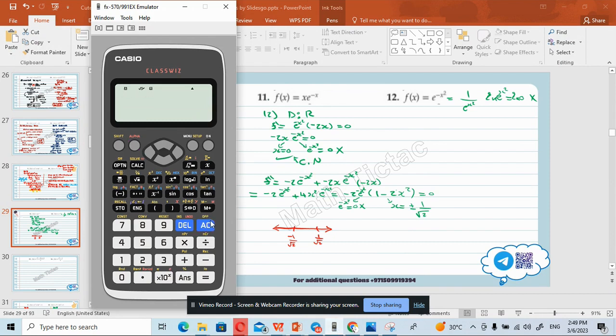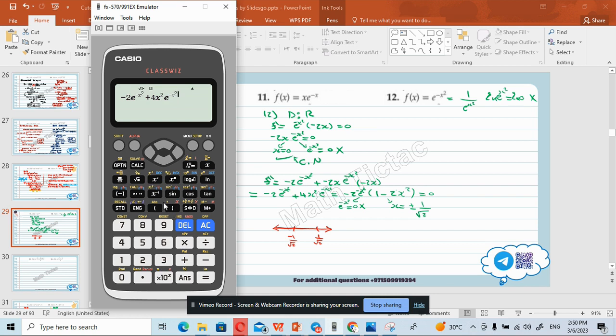So for the expression I have minus 2 e to the power minus x squared, then I have plus 4 x squared, multiplied by e to the power minus x squared again.